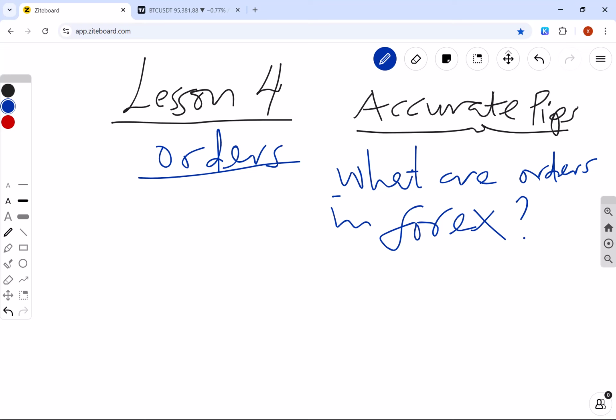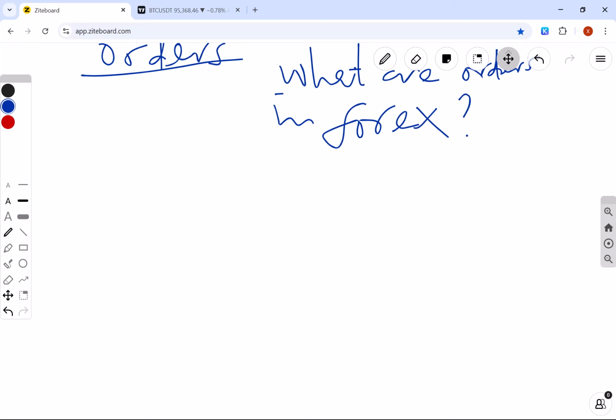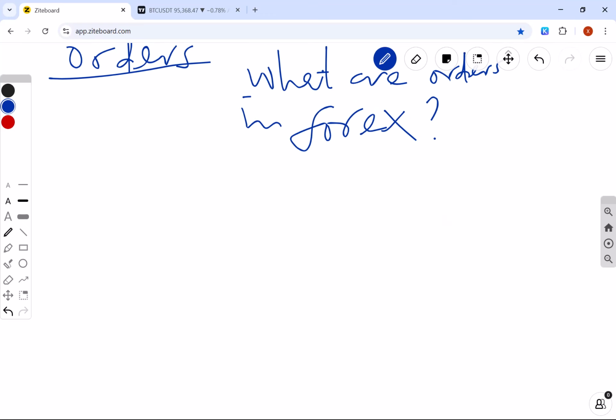When we say orders in forex, what are we talking about? What does it mean? So we'll quickly look at what orders mean. When we talk about orders in trading or in forex, we are talking about instructions that are given to a broker to execute a trade on your behalf.